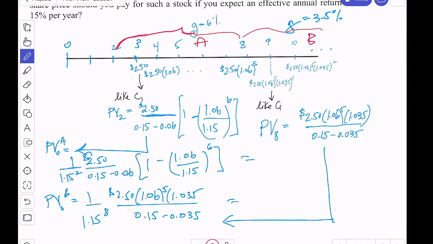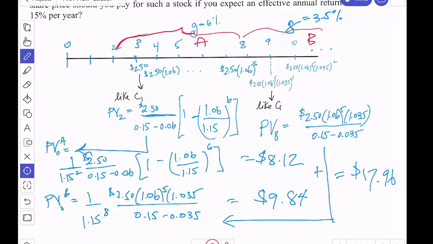And this part gives you $9.84, and the other part gives you $8.12. So what I'm going to do then is sum them. So your final answer is $17.96. So the students that attempted this, you just forgot this part.